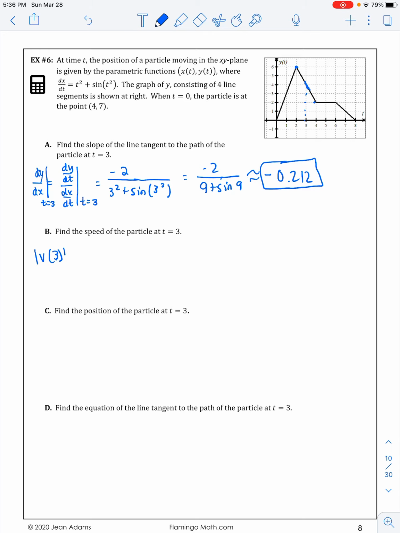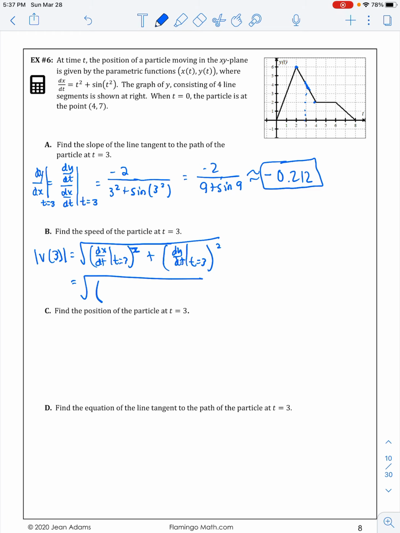Find the speed of the particle at t equals 3. Well, that would be absolute value of v of 3, which we define to be the square root of, this would be our dx dt at t equals 3 squared plus our dy dt at t equals 3 squared.